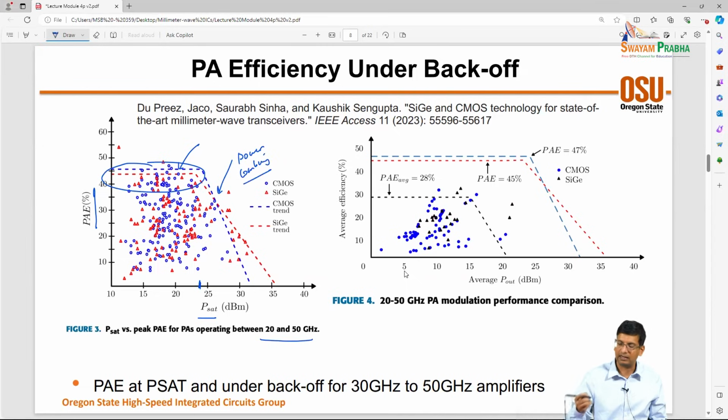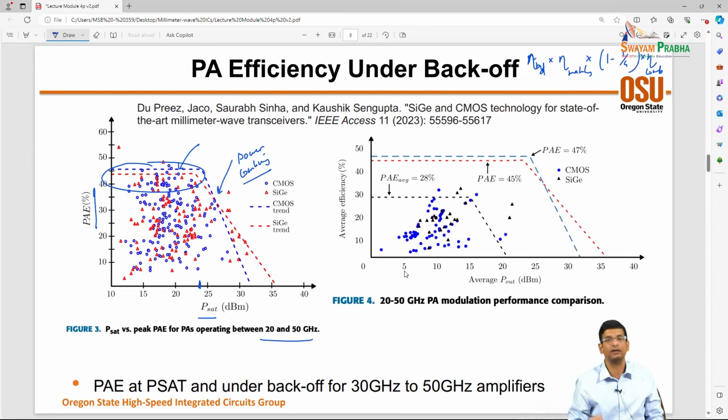So then in our efficiency term, there is eta drain efficiency that we had, then maybe some transforming network efficiency, then 1 minus 1 over G, and now you might have a combining network efficiency. So this basically leads to lower efficiency as I try to get higher and higher output power.